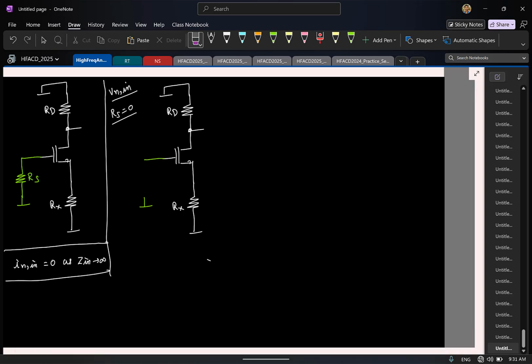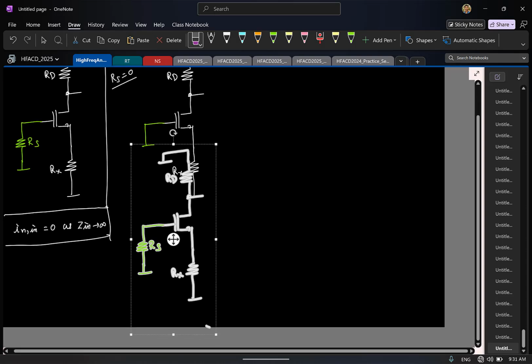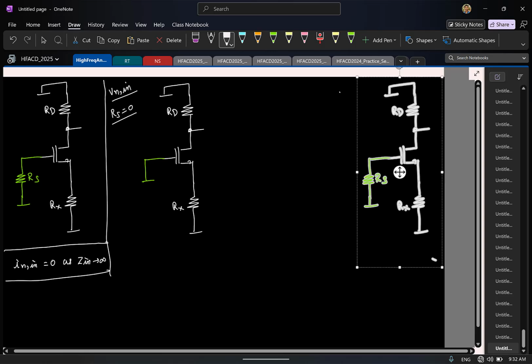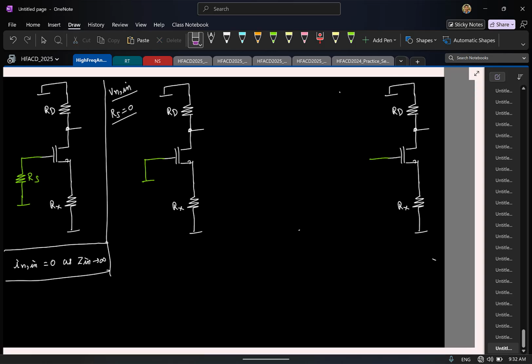Rs is 0, so this is shorted, and I'll do the same here. Here I have my input referred noise voltage and the current, and this is short.